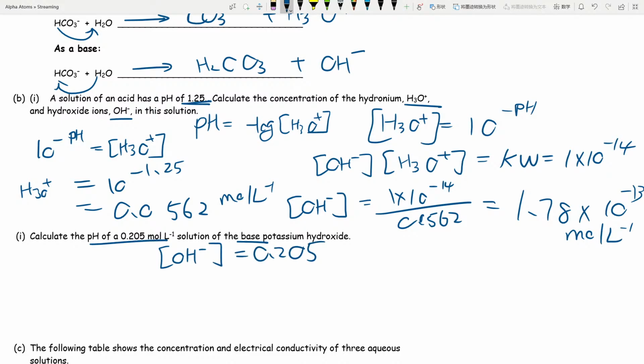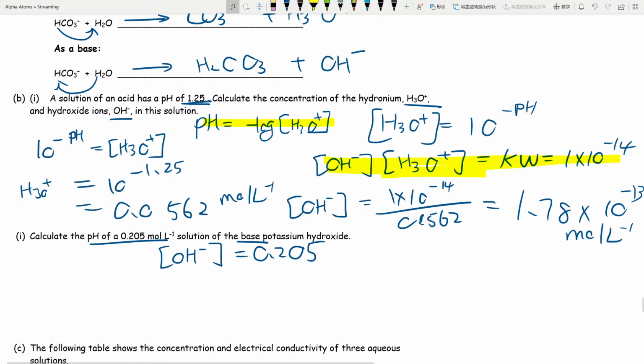You can use KW to find the H3O plus concentration, and then go pH equals negative log H3O plus, and that gives you the answer. I personally hate that method because that's too many calculations. The thing with people doing science is that we want to make our life as easy as possible. So let's do the easier method.